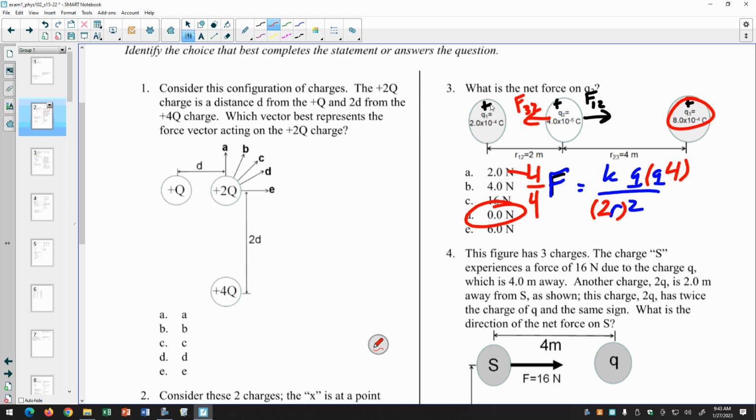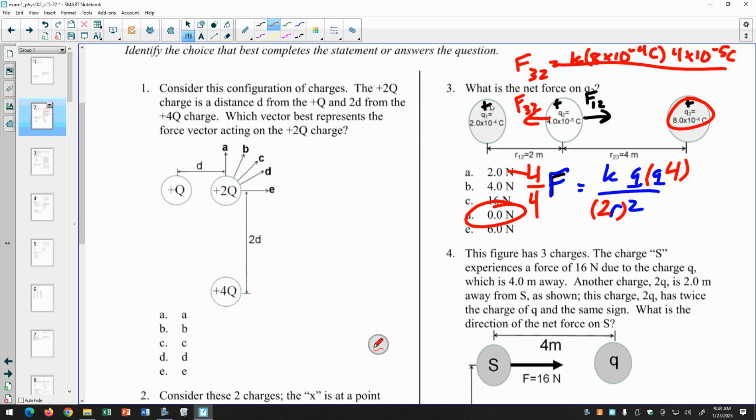If you don't get that, and you're not sure about how to deal with those relationships, like if R changes, if Q changes, then you can just calculate F32. F32 is K times 8 times 10 to the minus 4 coulombs times 4 times 10 to the minus 5 coulombs divided by the distance squared.